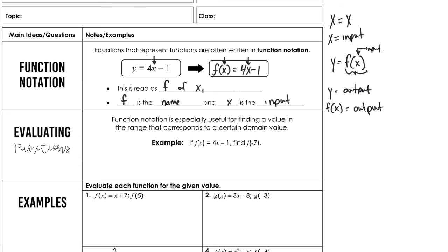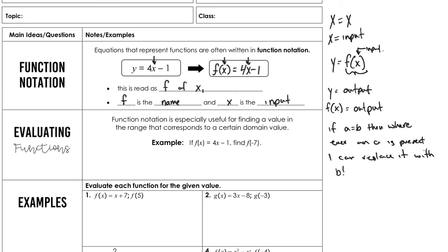For instance, let's evaluate these function notation examples. It's not a hard thing to do. We're still using substitution, the idea that if A equals B, then wherever A is present, I can replace it with B. We're still using this principle of substitution.